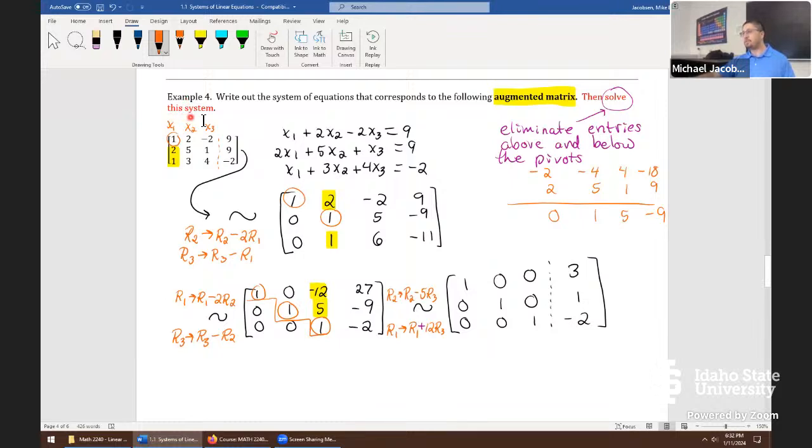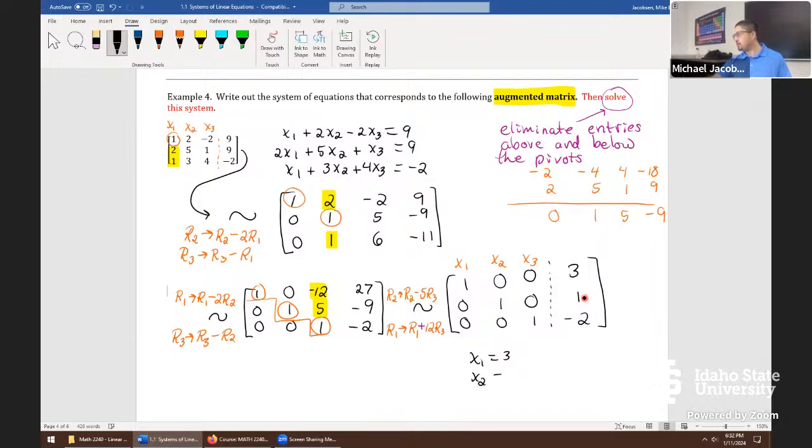So much like we wrote x1, x2, x3, you might come back here and write x1, x2, x3. Then we just read out the rows. Row 1 is saying x1, skip all the way to here, is 3. On row 2, there's a 0, so we ignore it. 1 times x2, so just x2 is 1.